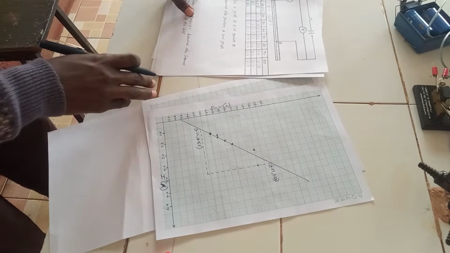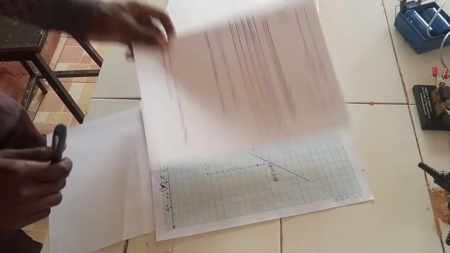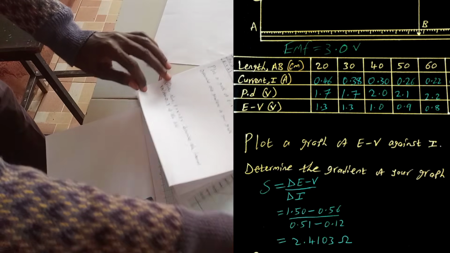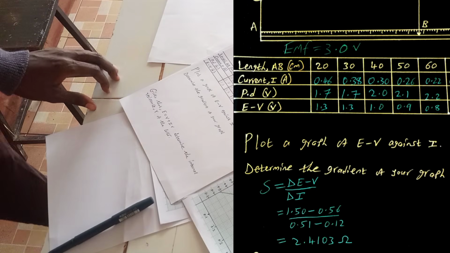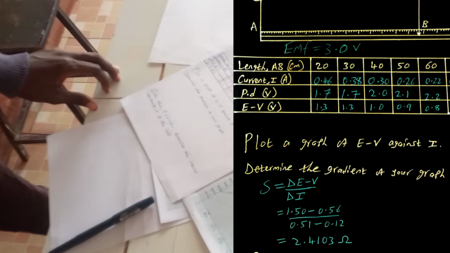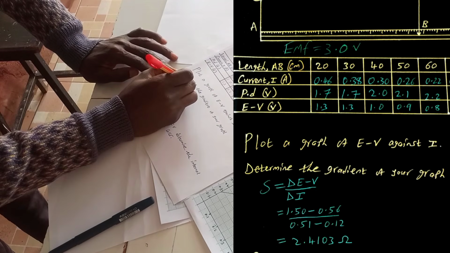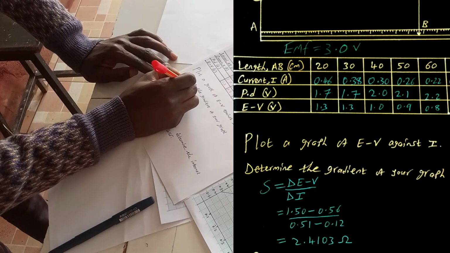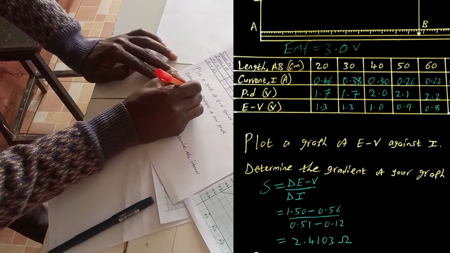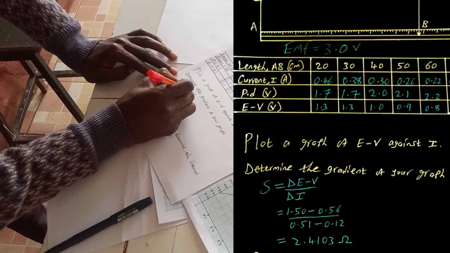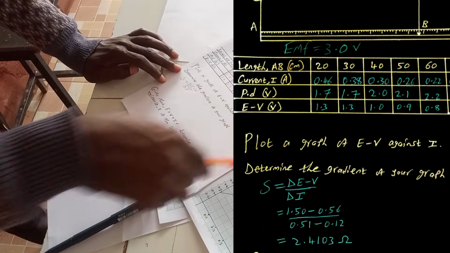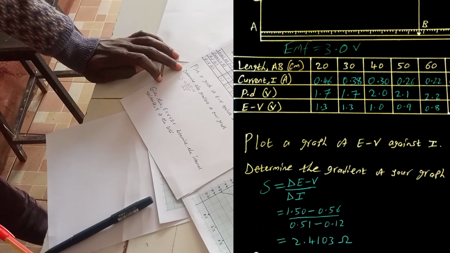Once we have that, let's find the slope. The slope of this graph is given by change in E minus V divided by change in current.